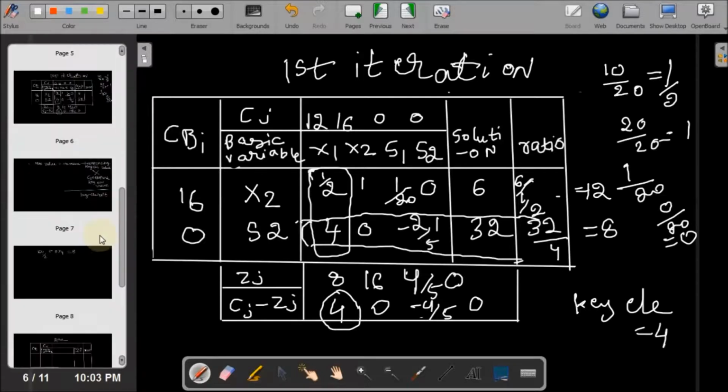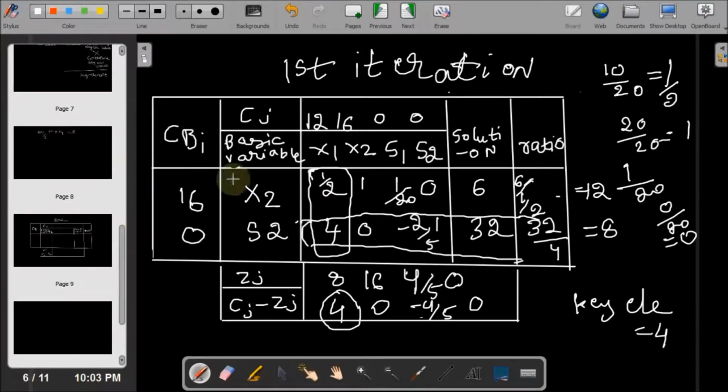I will write S2 leaving. X1 entering. S2 will leave, X1 will enter.